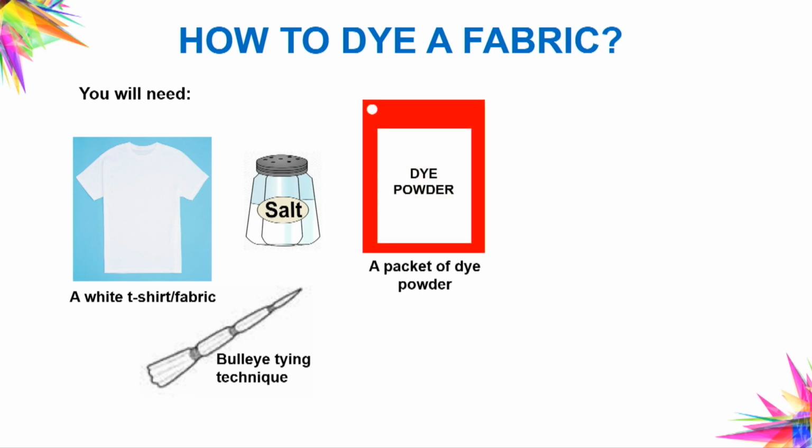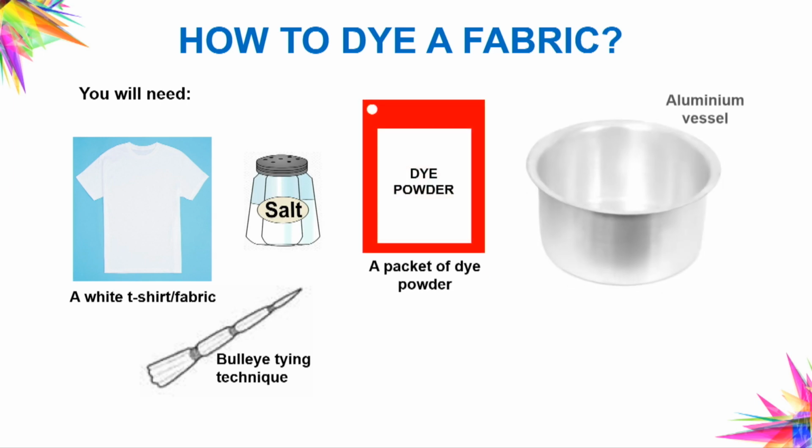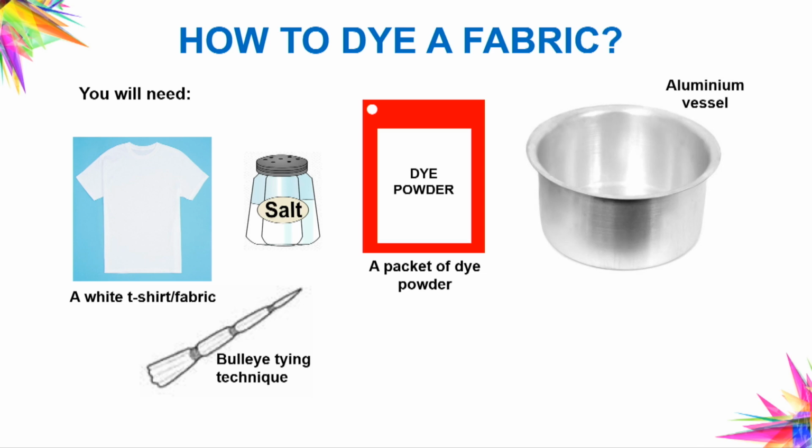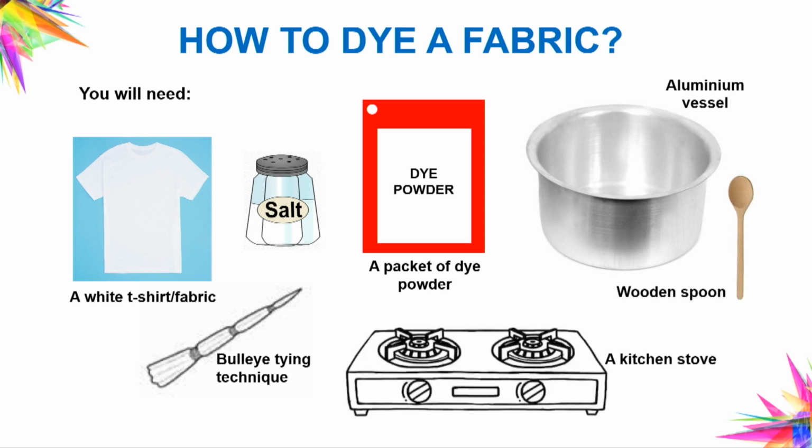You will need dye powder, a color of your choice, an aluminium vessel, or most commonly known as the Dexi, a wooden spoon, and the kitchen stove. It can be an electric kitchen stove or a gas stove.